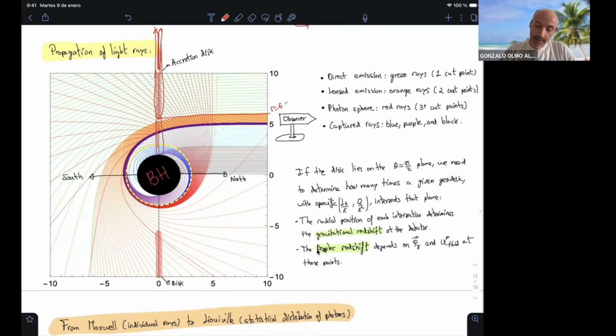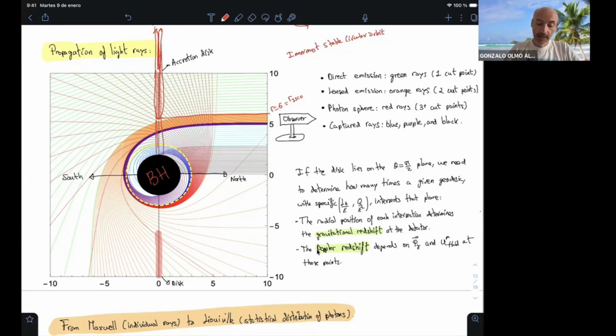And this 6 is called the ISCO. The ISCO is the innermost stable circular orbit. So if we consider an accretion disk that is stable, stationary in time, in equilibrium, and is not falling into the black hole, then that accretion disk would be defined from R ISCO to infinity.